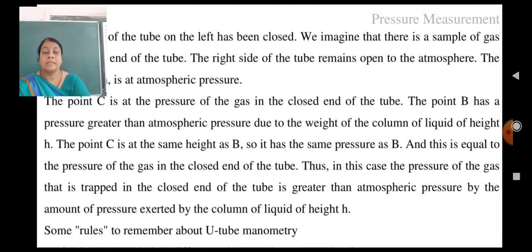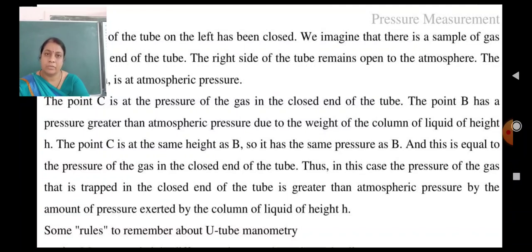The right side of the tube remains open to the atmosphere. The point A is at atmospheric pressure, as you saw previously. So you close the left side, imagining a sample of gas, and the right side of the tube remains open to the atmosphere.